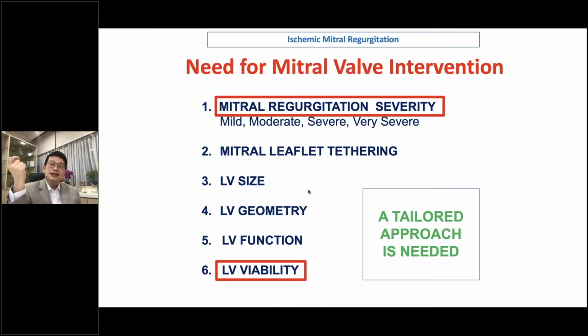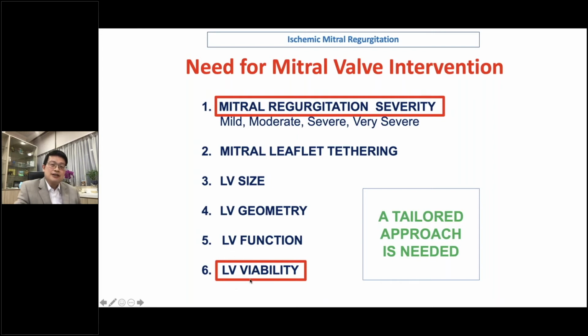So what determines the need for intervention on the mitral valve? The severity of the mitral regurgitation is one of them. If it is severe or very severe, then some intervention is advisable at the time of revascularization, and also the degree of LV viability. If the mitral regurgitation is moderate in severity and all of the LV is viable, then you could probably not repair the mitral valve.